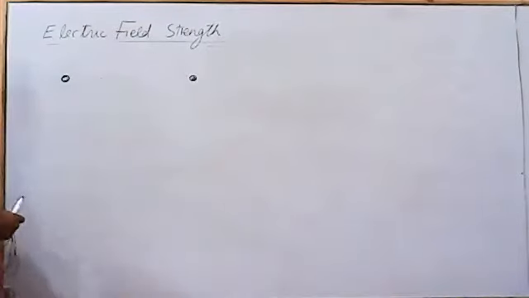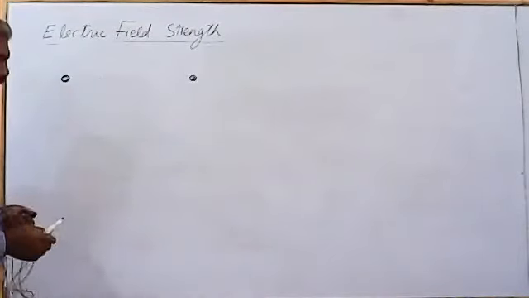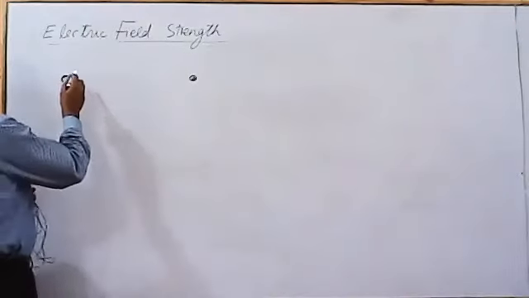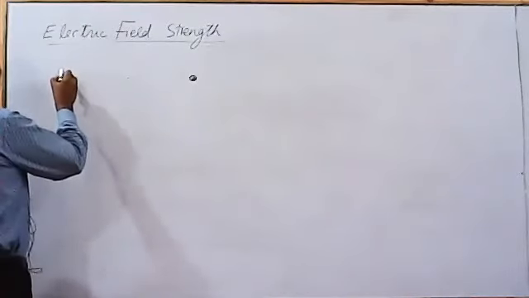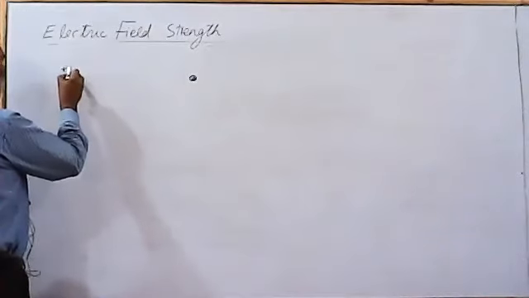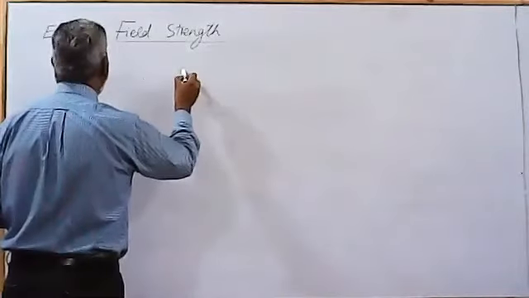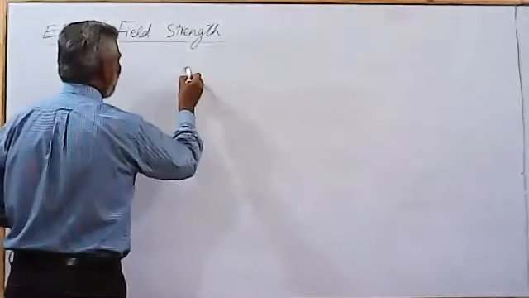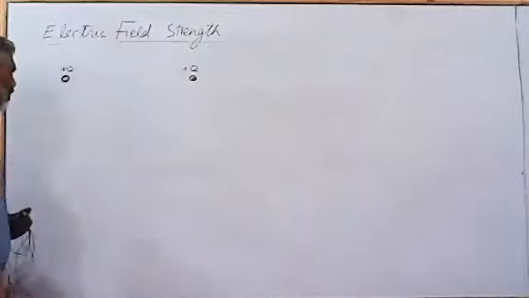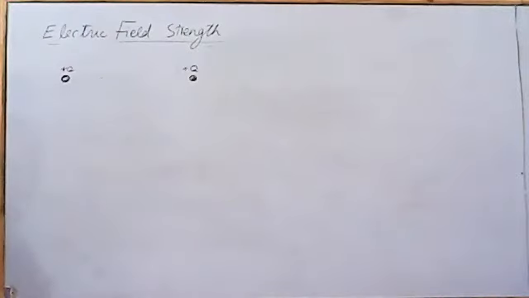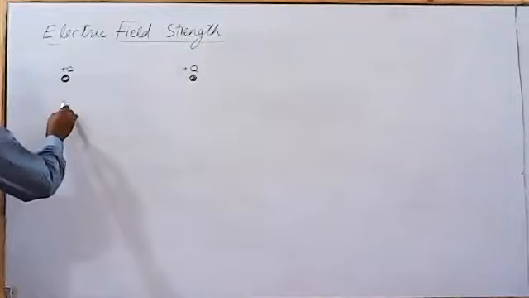That of course depends on the signs of these two charges. Let's assume both of them are positive charges, and for the sake of simplicity, we assume that they have exactly the same magnitude.